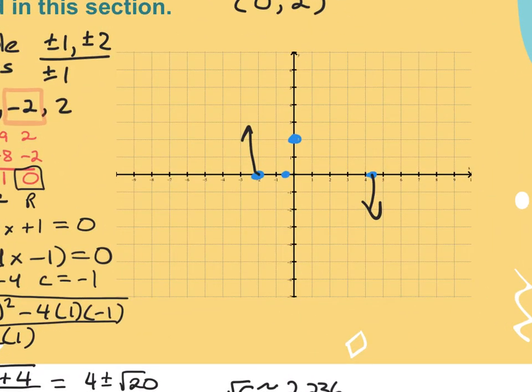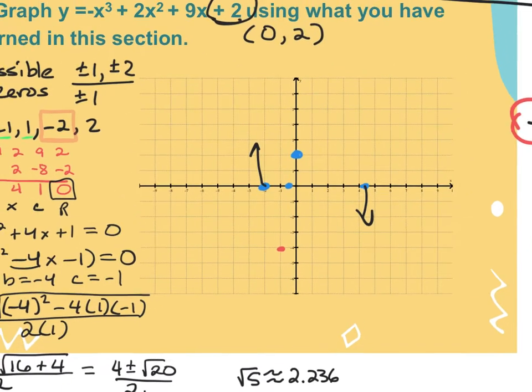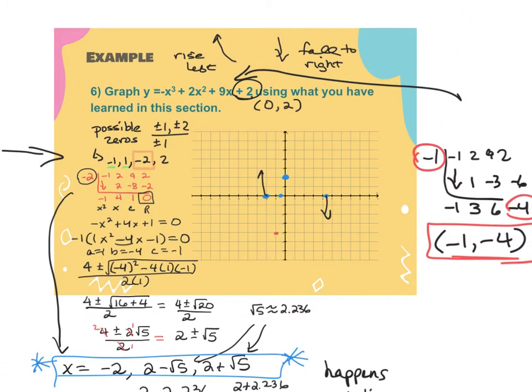Let me come over here. And this tells me that my graph is going to come down here, and now then it's going to go back up to the other zero. And because it has a multiplicity of 1, it cuts through. And now I need to see from this y-intercept, does it keep going up or does it go down again?